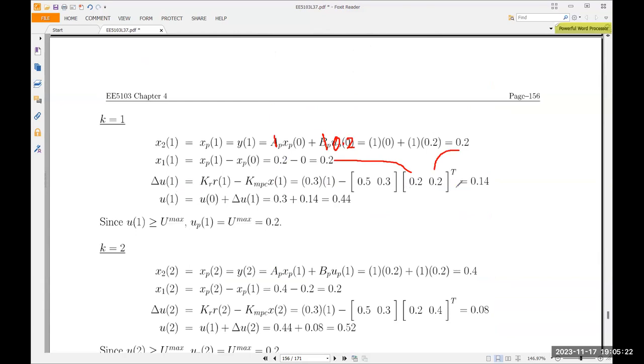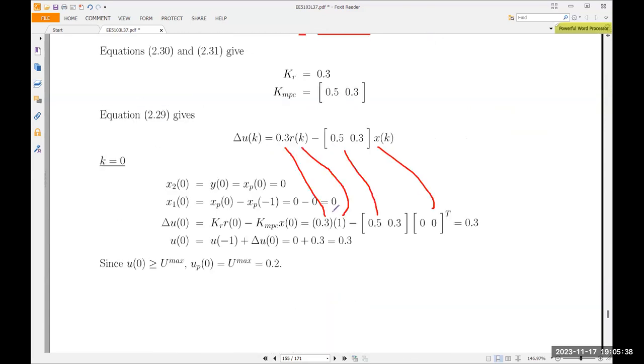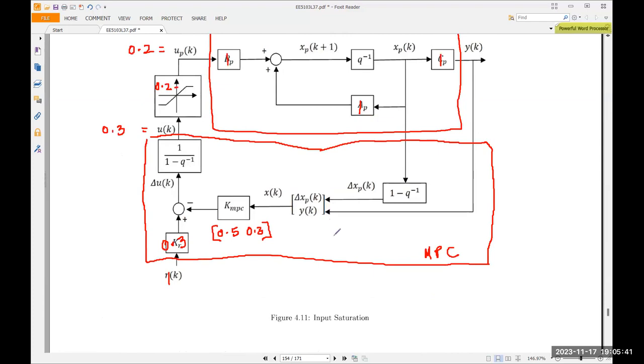So you get this as 0.14, and u will be this plus the previous delta u, 0.14 plus 0.3 is 0.44. All right, so now you get 0.44 here.